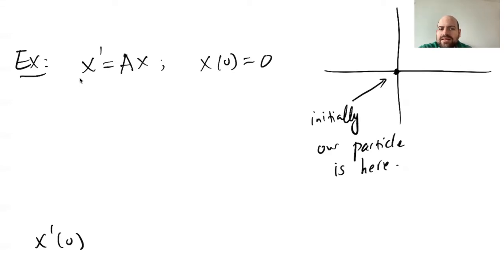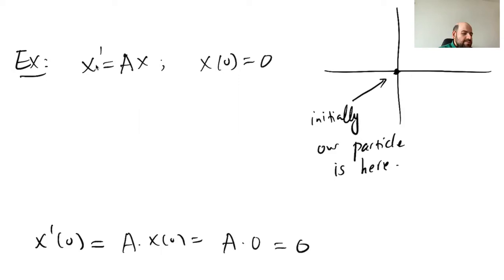That means this equation gives the relation between the location of the particle at some specific moment and the velocity of the particle at the same moment. So at t equals 0, I'm assuming that the particle is at origin. So what will be velocity at t equals 0? X prime of 0, according to this, is a times x of 0. X of 0, I'm assuming it's 0. A times 0 is 0.